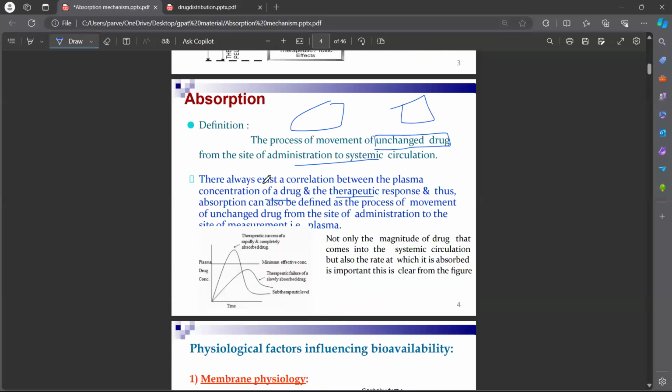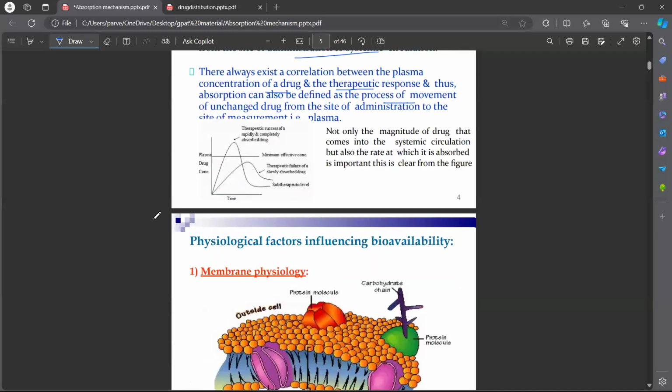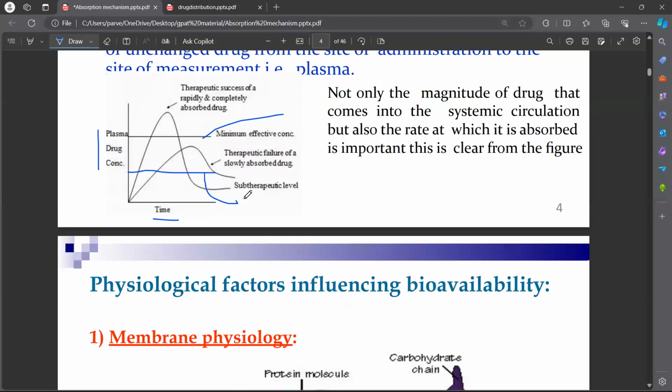This is the plasma drug concentration curve, where on the x-axis we plot time and on the y-axis the plasma drug concentration. Here we have two values: the minimum effective concentration (MEC) and the maximum safe concentration (MSC). What happens when my drug concentration is below the minimum effective concentration?